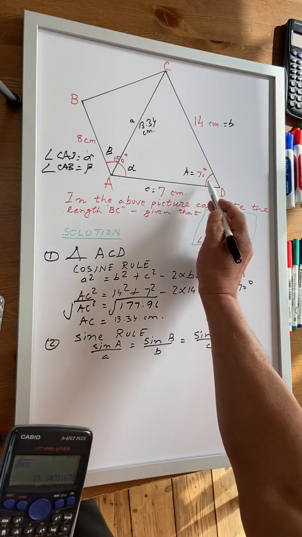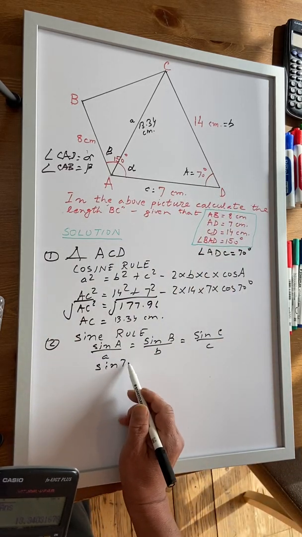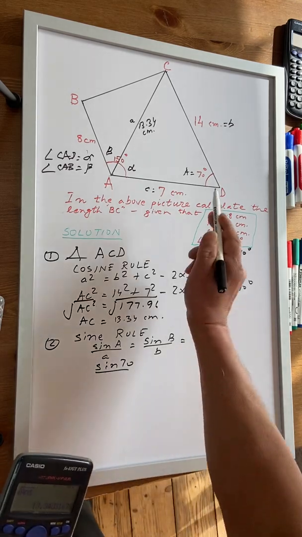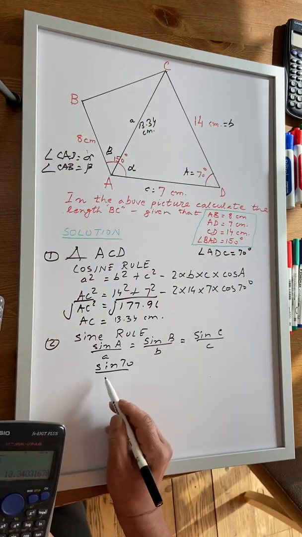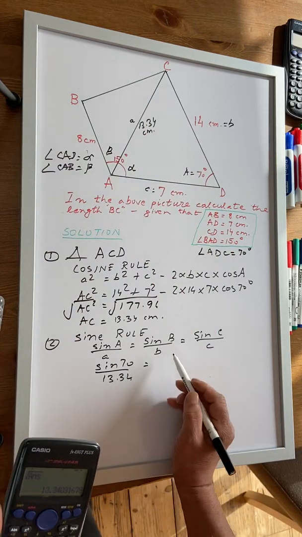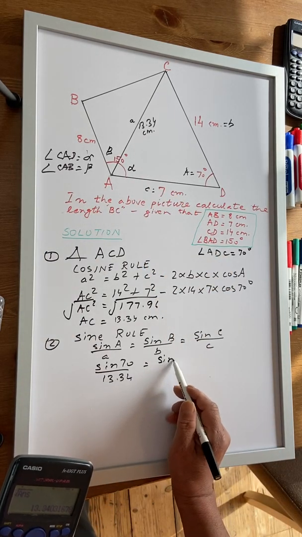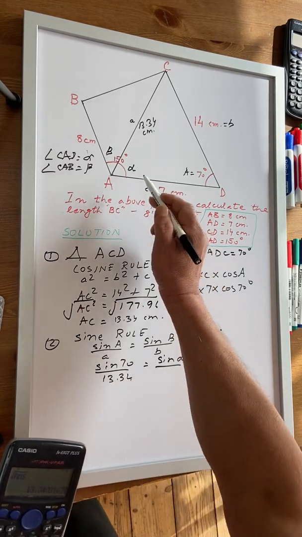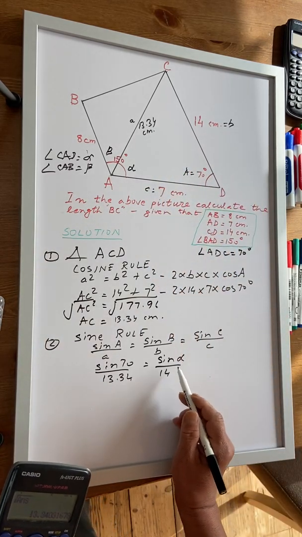So we know this angle as 70 degrees, so we will write it here as sine 70 divided by a, which has to be the side opposite that angle 70 degree, 13.34, is equal to sine alpha divided by the side which is opposite alpha, is 14 centimeter.